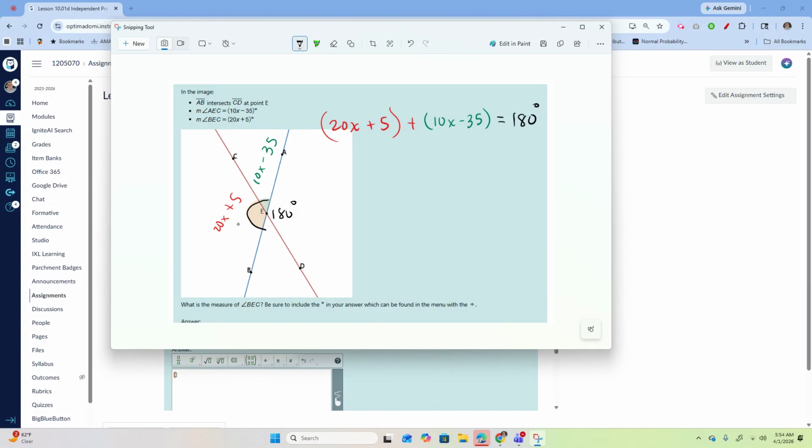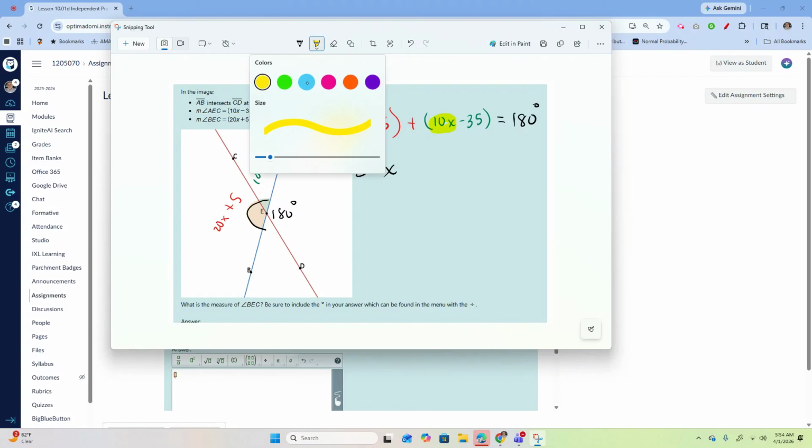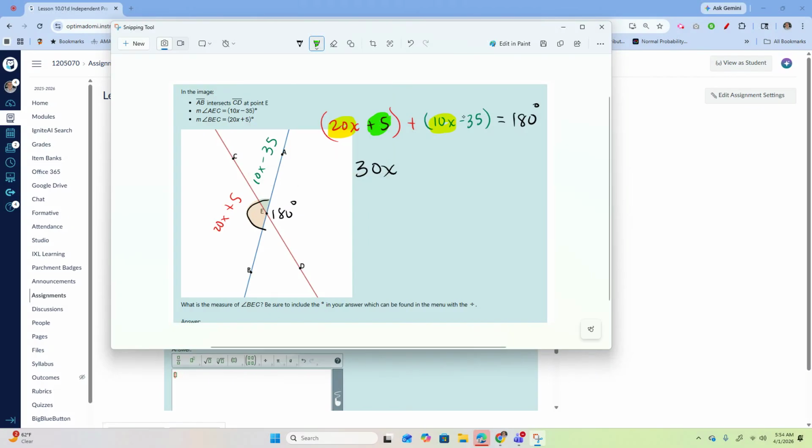Remember, the two smaller angles make the bigger angle. Now I'm going to add the x's with the x's. I'm going to take the 20x and add the 10x, and that's going to give me 30x. And then I'm going to add the 5 with the negative 35, and that's how I get minus 30. Use the calculator, guys. And all of this is equal to 180.